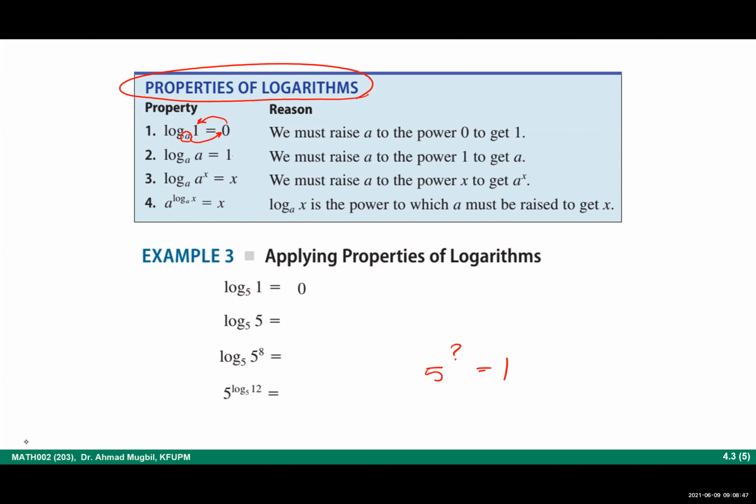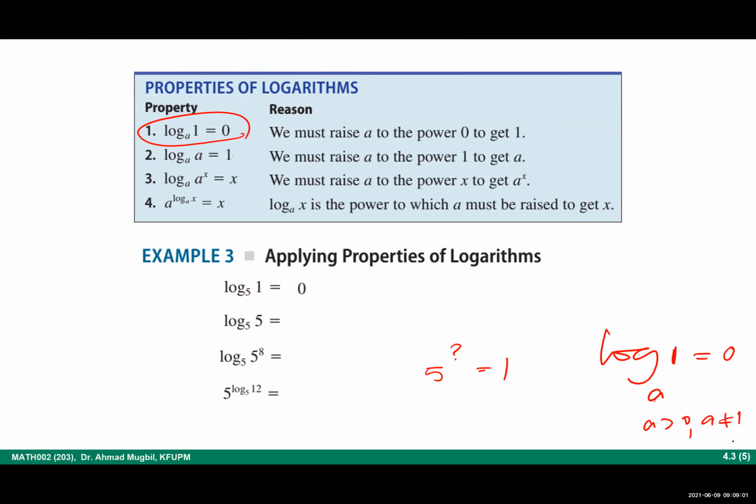Yes, you're right. This is property number 1, ya shabab. We use this property for any base. Log a of 1 is 0, but of course a here is greater than 0 and not equal to 1. Be careful.